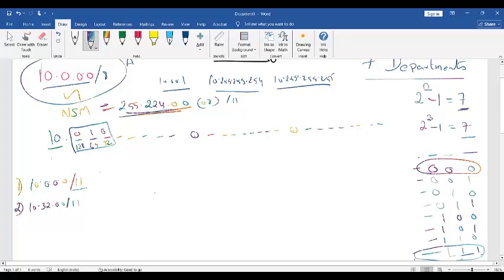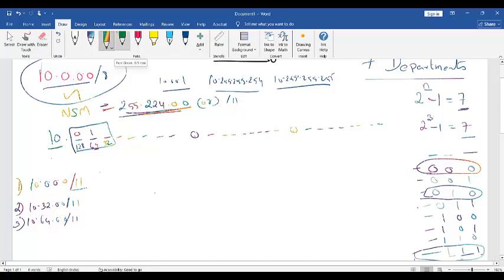This is the second one. This is the third one, right? 010. Second one we have written already. Third one 010, which means 64 is on. 10.64.0.0/11. And what is the next one? 011. Am I right?